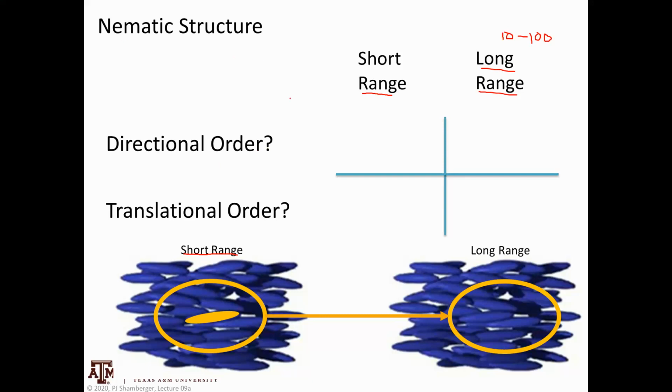So for nematic structures, the first question, let's think about short-range order first. Do they have directional order, and do they have translational order? And what do we mean by these terms? Directional order is, if I think about the molecules surrounding this initial central molecule, are they all pointing and aligned in the same direction?